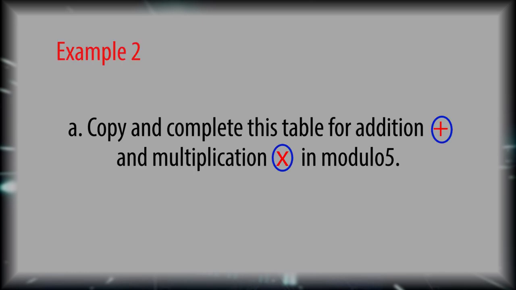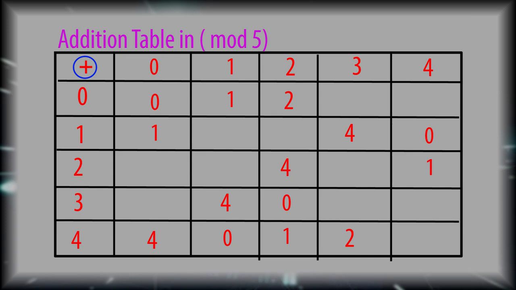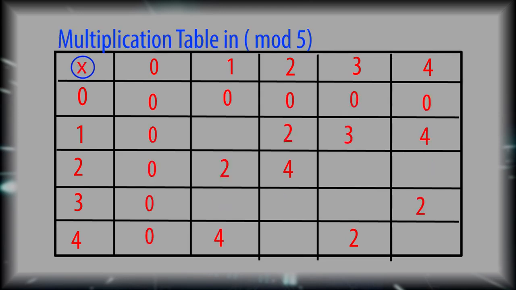Example 2. Copy and complete this table for addition and multiplication in modulo 5. So this time you're going to use the modulo 5 remainders. And you can see from 0 to 4 at the top, 0 to 4 below the addition sign. Again, you work each number with the other, convert your answer, and put it in the appropriate box.